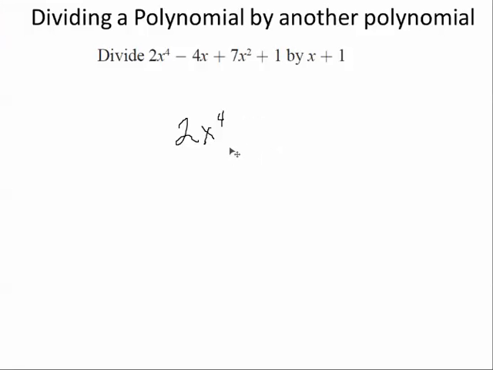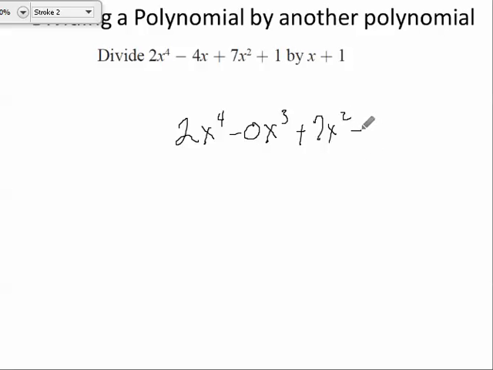There is a missing term there. There's no x cubed. And so what I want to do is say minus 0x cubed plus 7x squared minus 4x plus 1, and I'm going to divide that by x plus 1.